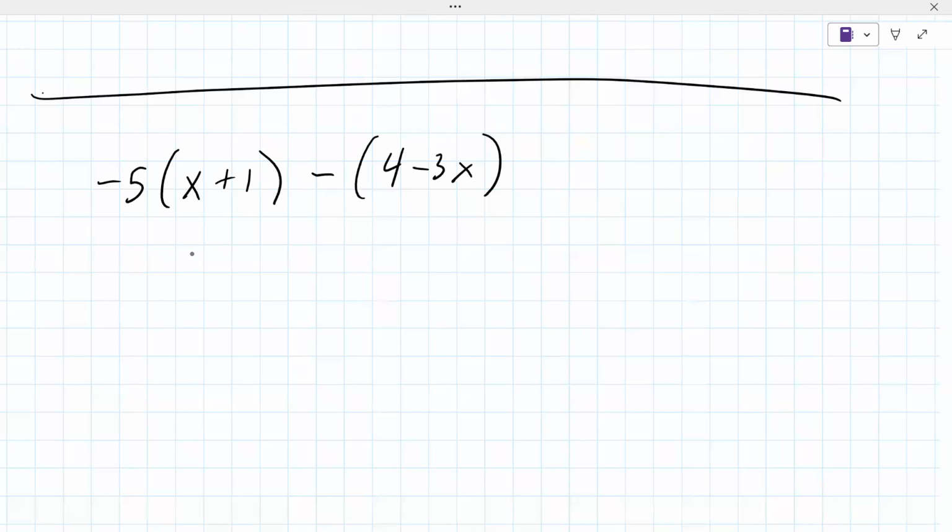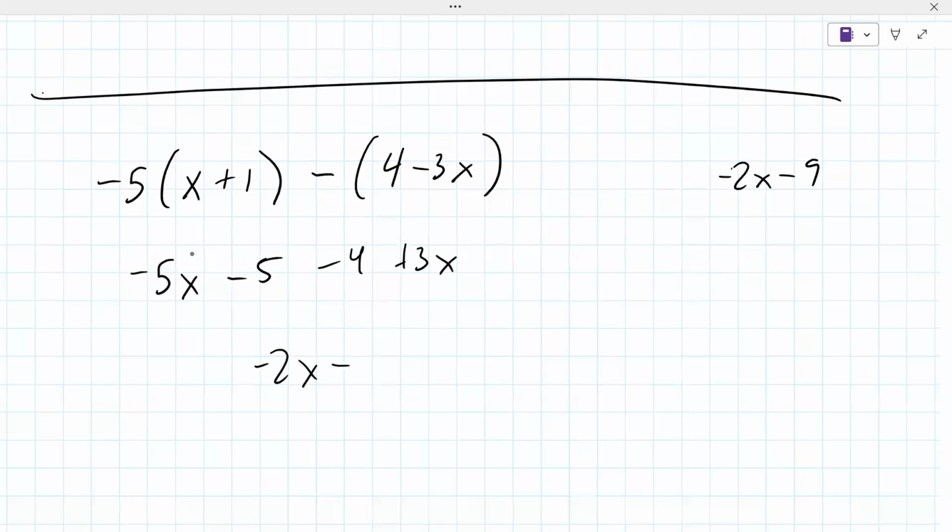Negative 2x minus 9. Let's take a look here. So minus 5x minus 5 minus 4 plus 3x. You got it, minus 2x minus 9.